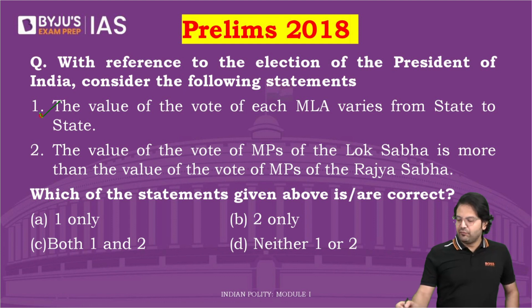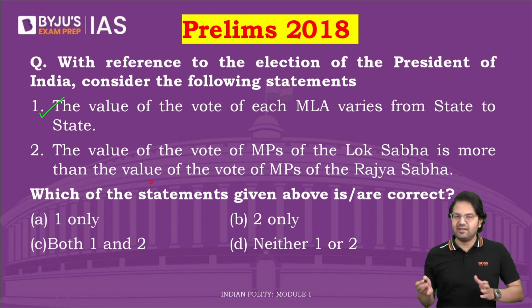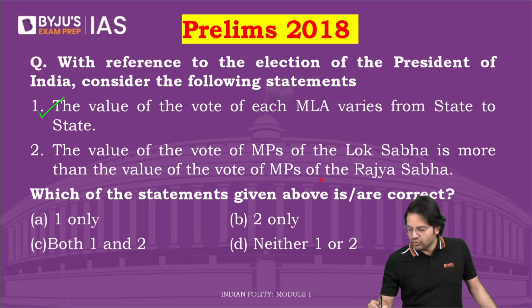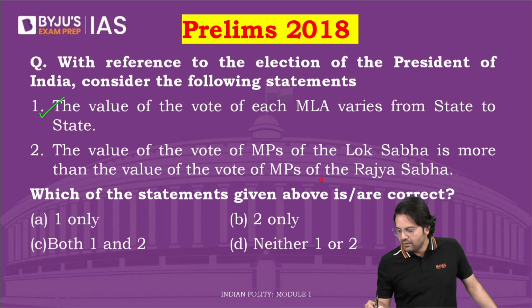The value of vote of MP of Lok Sabha is more than the value of vote of MP of Rajya Sabha. If you have revised yesterday's classes, you would have seen that the vote value of MP in Lok Sabha or Rajya Sabha is the same, fixed. And what's the number? That is 700.